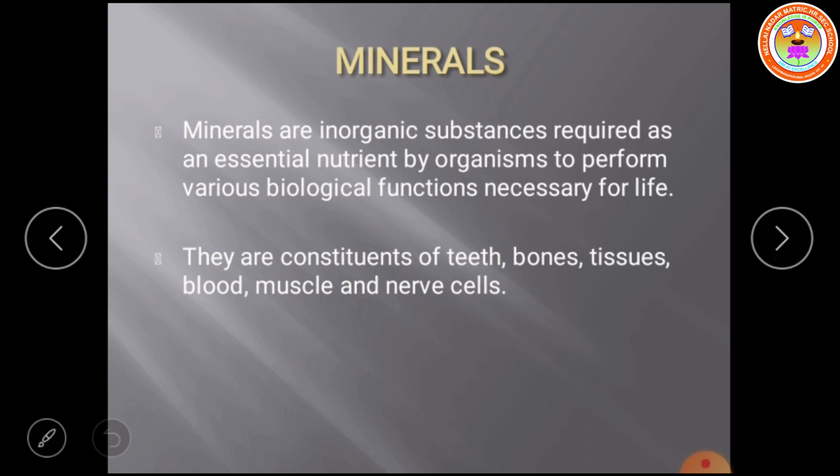Minerals are required in either large or very small quantity. In the human body, minerals are stored in teeth, bones, tissues, blood, muscle and nerve cells. Bones are made up of calcium carbonate.